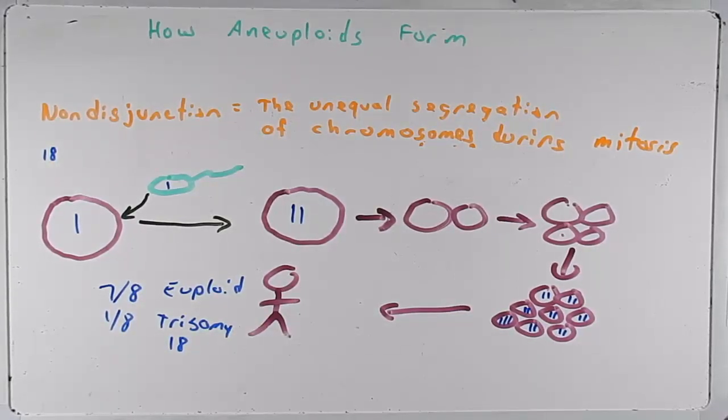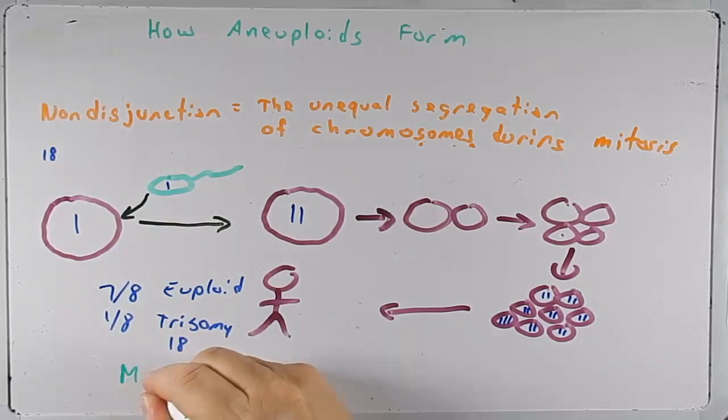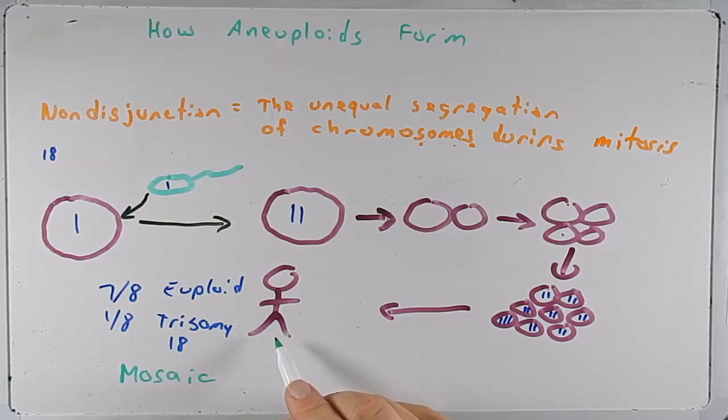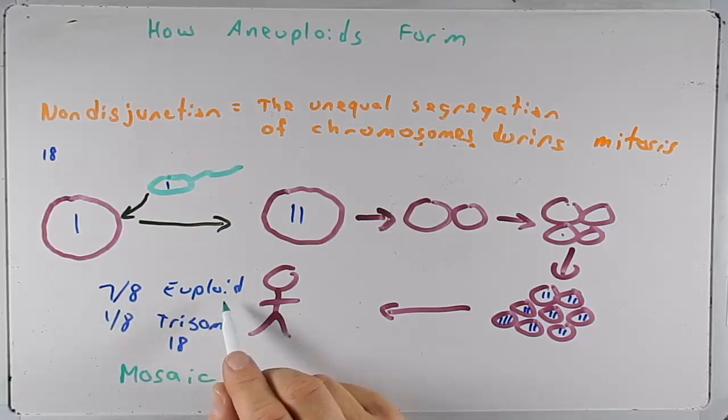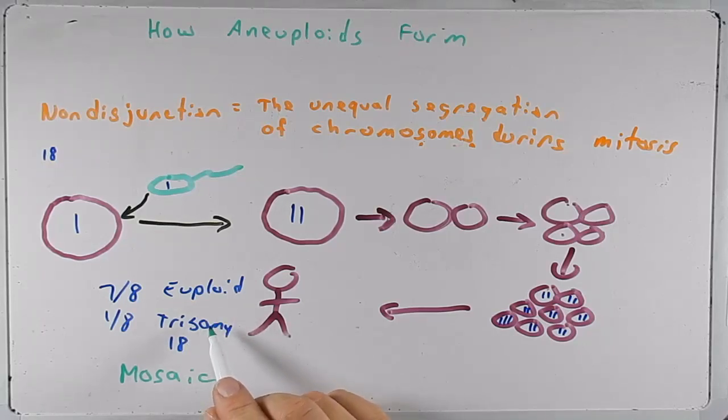And we call this, and this is a term I said before, I just never defined it, so I'll define it now, this is what we call a mosaic. Since this individual is mostly euploid, in most of their cells they have the correct chromosomal content. And in roughly 1/8 of their cells, this isn't exact, they have trisomy 18.